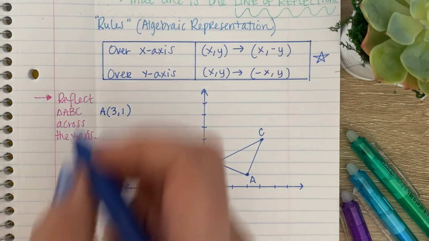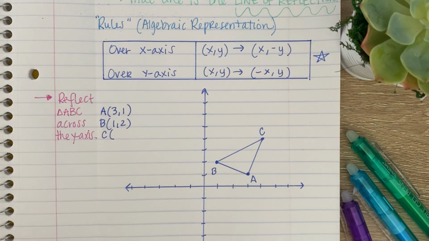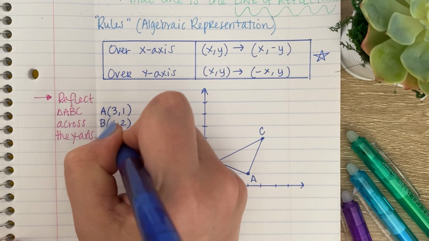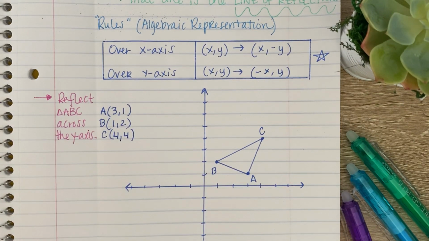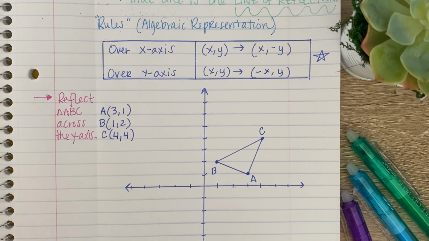Point B is at (1, 2). And point C is at (4, 4). This will actually help you plot your triangle a lot quicker so that you don't have to look to see what I'm doing. When you guys are drawing your coordinate plane, please be as precise as you can. This is super important for transformations.